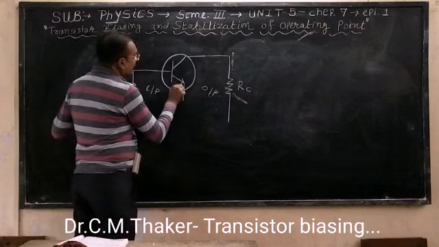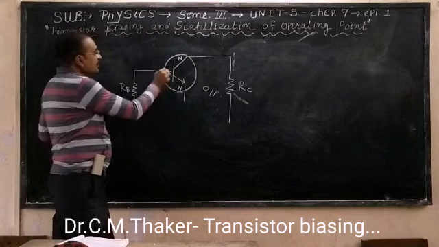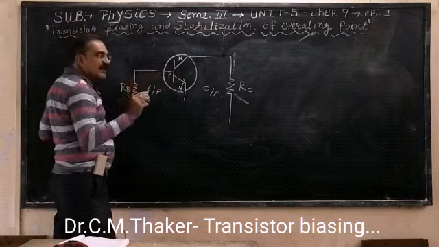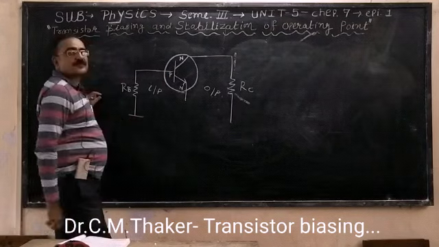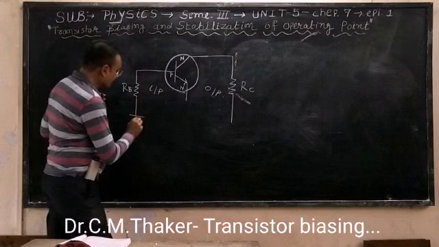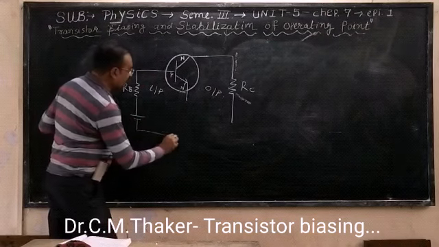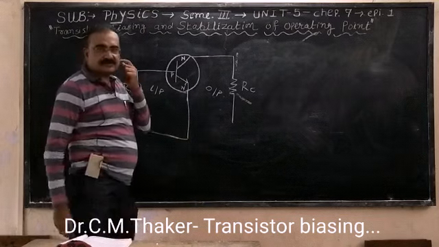This is N, P, N. The base is P type, so obviously you have to provide the positive terminal of the supply to the base, and the negative terminal will be connected to the common emitter.